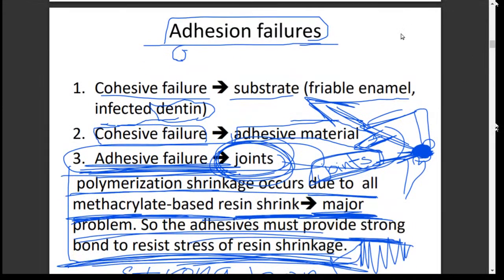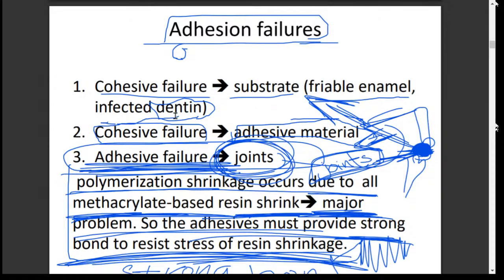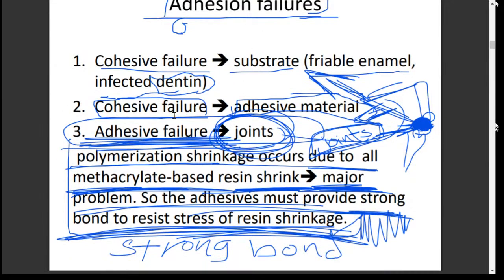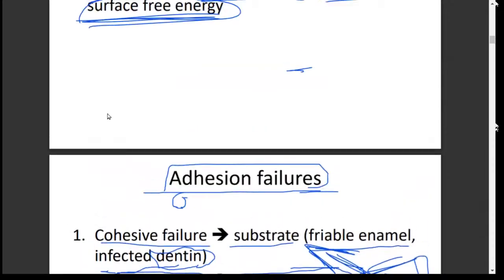Adhesion failure: cohesive failure and adhesive failure. Adhesive failure is between the joints, and the cohesive failure is within the substrate or the adhesive material. This is the cohesive failure and the adhesive failure, as we said before.